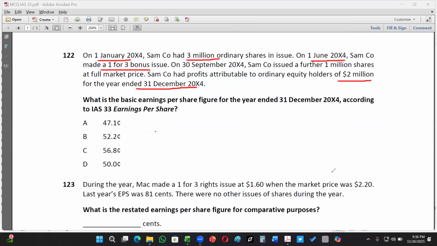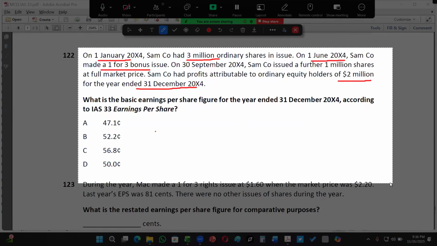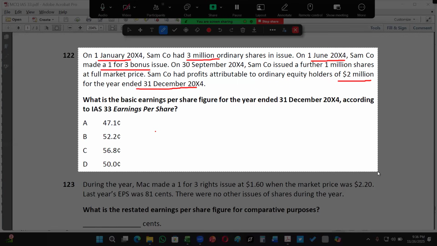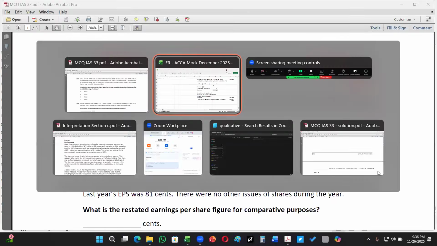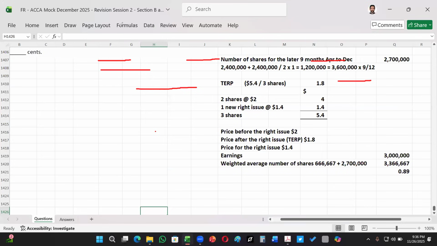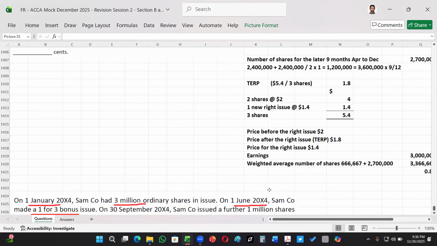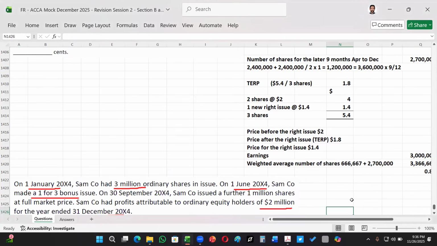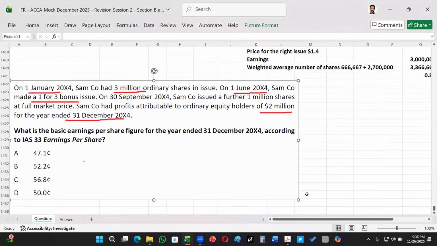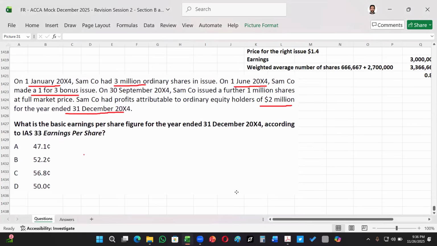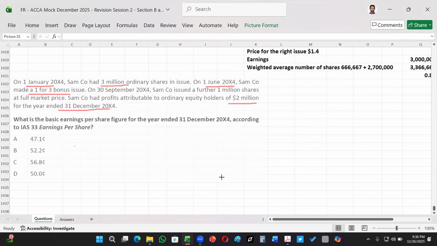Now let's take this to the Excel sheet, determine for how many months we had how many shares, and attack this question. Just like the previous question, I will write all the details for you so that things become easy.